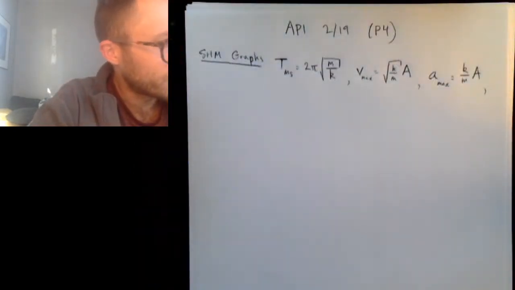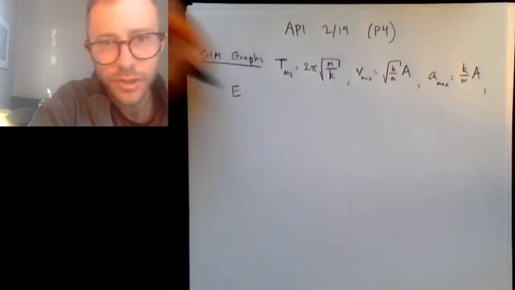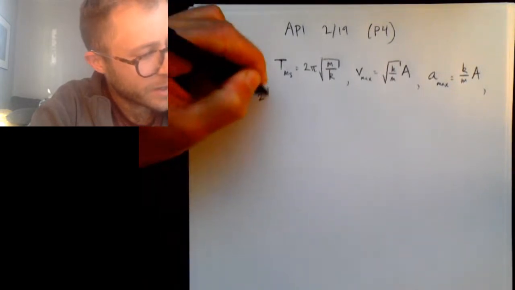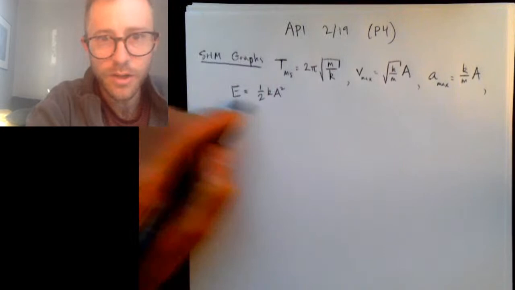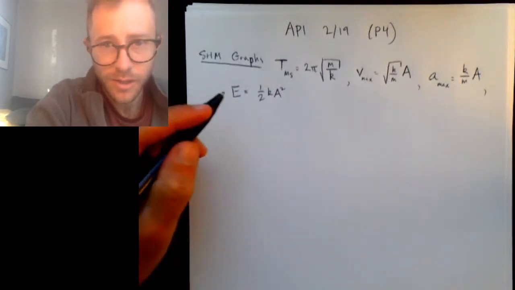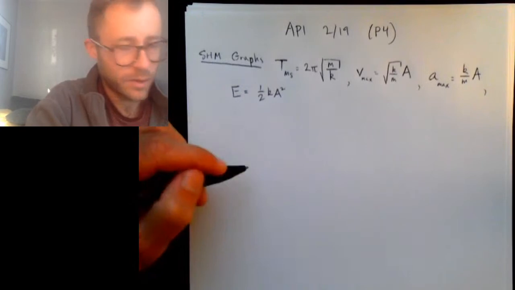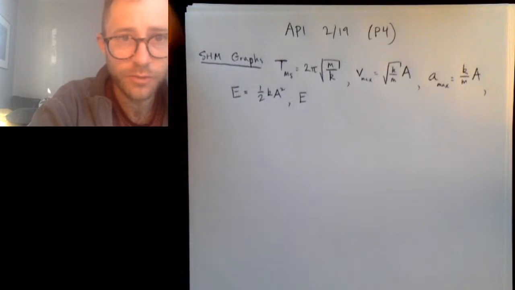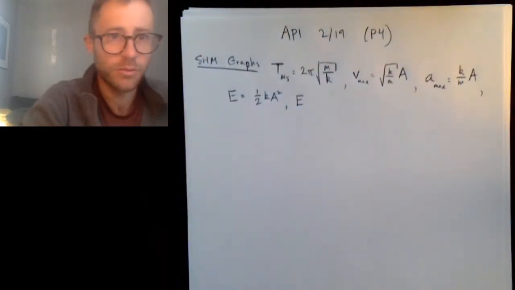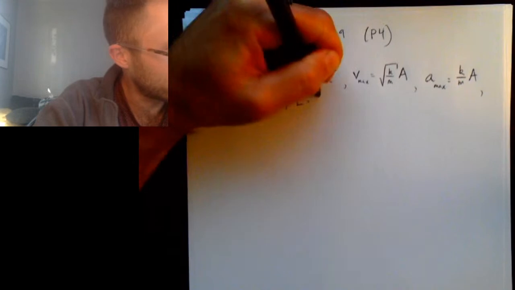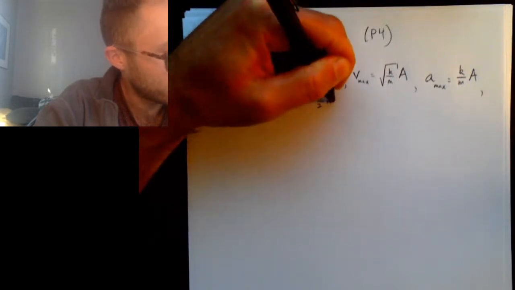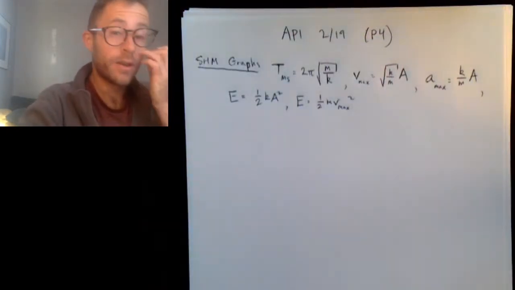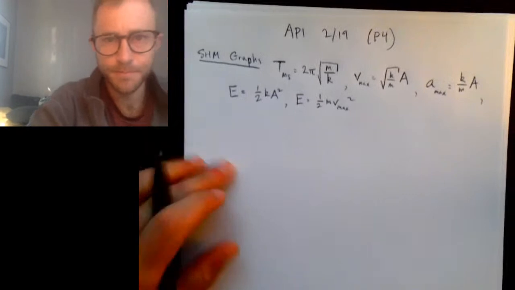And the total amount of energy can be thought of as 1/2 k a squared. This is the total energy evaluated at the extreme points where the velocity is 0. Or we could evaluate it as the mass is passing through equilibrium, in which case we have 1/2 m v max squared. So these are the equations we're going to use today.